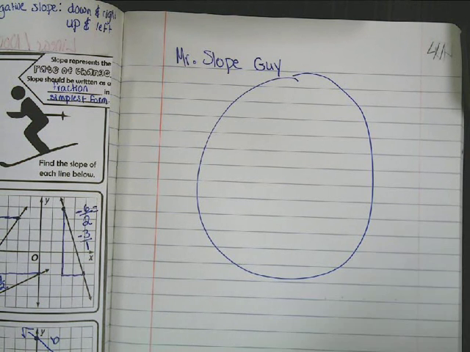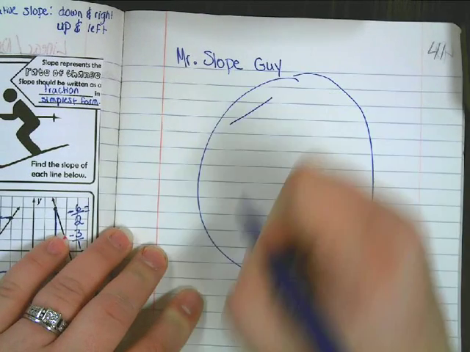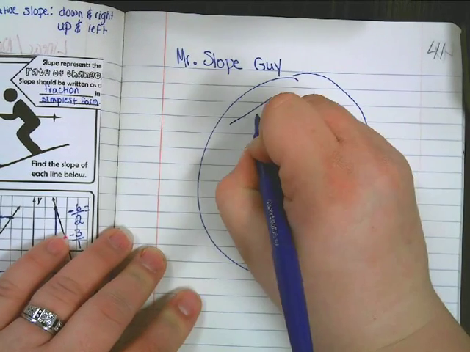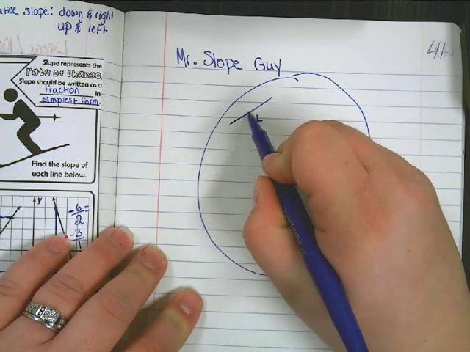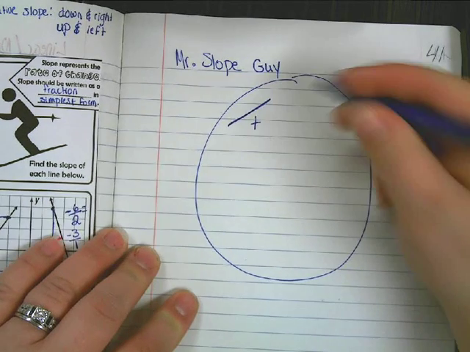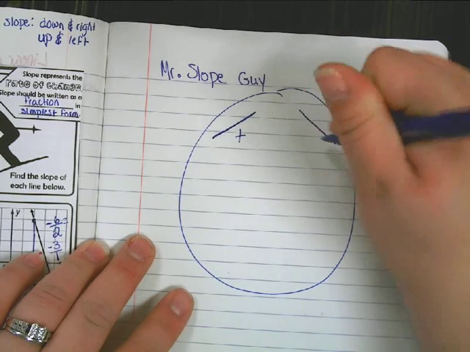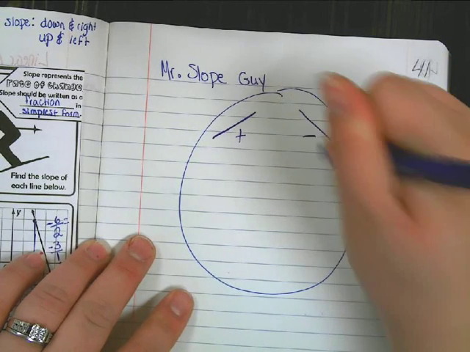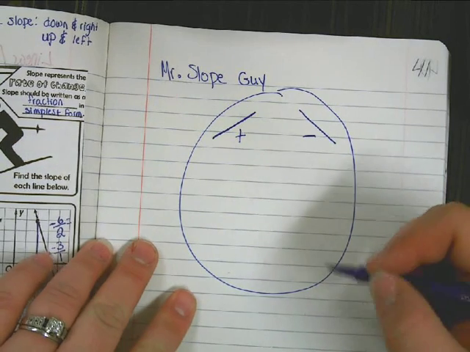Alright, so when you have a positive slope, this is the direction of your line. When you have a negative slope, that is the direction of your line. If you have a vertical line, that is what we call our undefined.